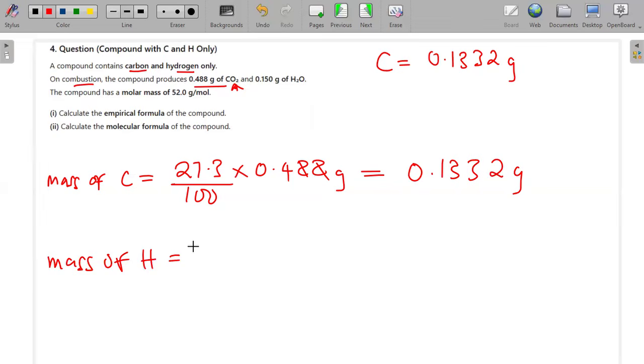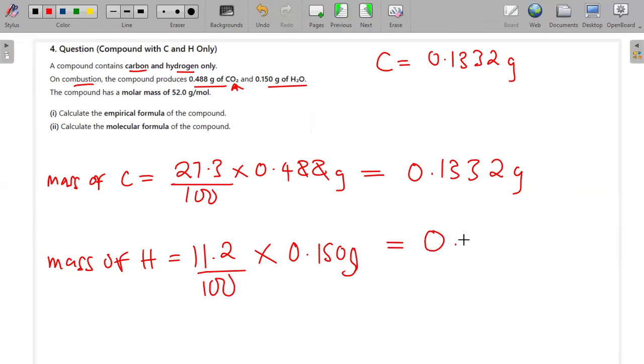Hydrogen is 11.2% of the mass of water, which is 0.150 grams. If I multiply this on my calculator, I'm getting 0.0168 grams. So this is the mass of hydrogen there.